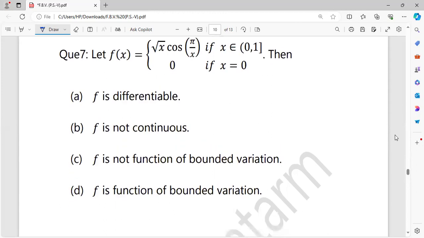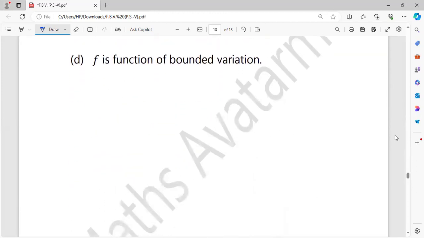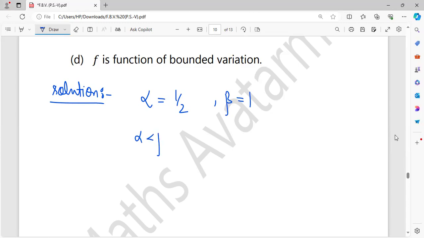Now see what is alpha here. Alpha is equal to 1 by 2 and beta is equal to 1. So alpha is less than beta.